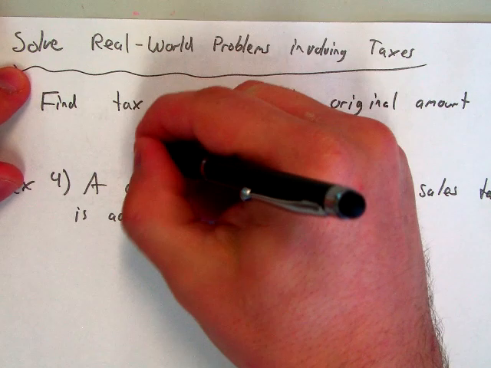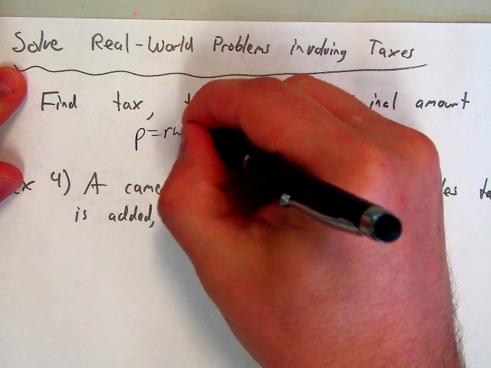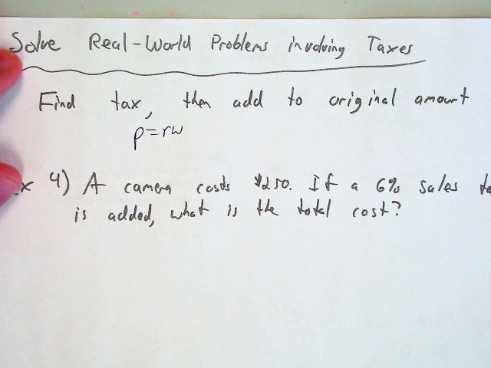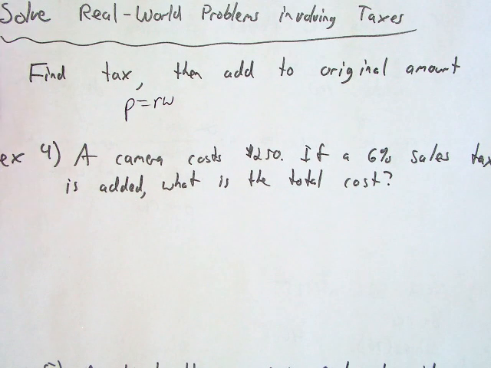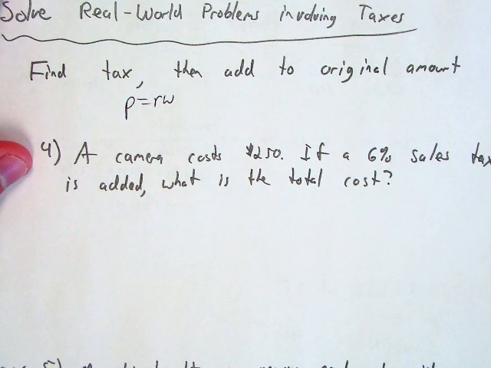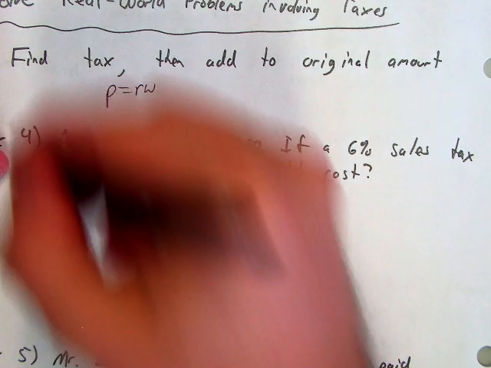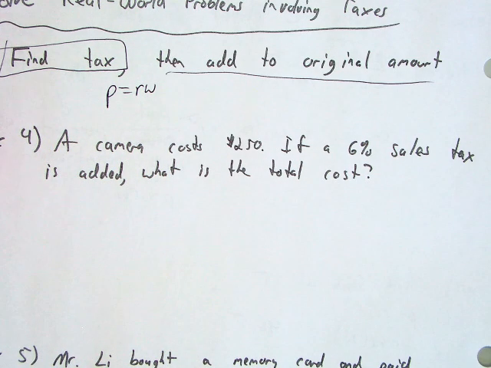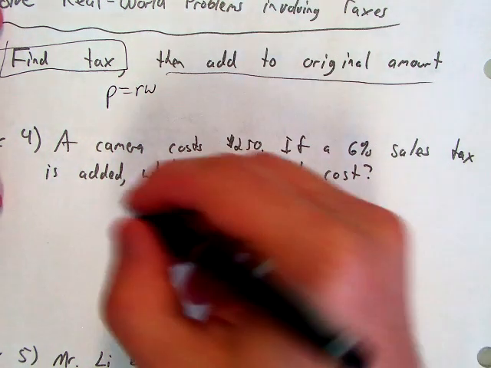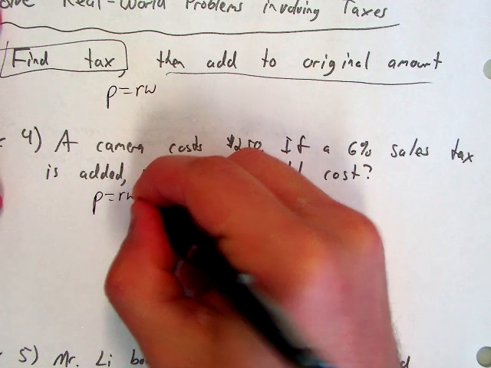So again, I'm going to use P equals RW. Now, a camera costs $250. If a 6% sales tax is added, what is the total cost? So what we're going to do is we're going to find the amount of tax and then add it to the original number. So I'm going to use P equals RW here.